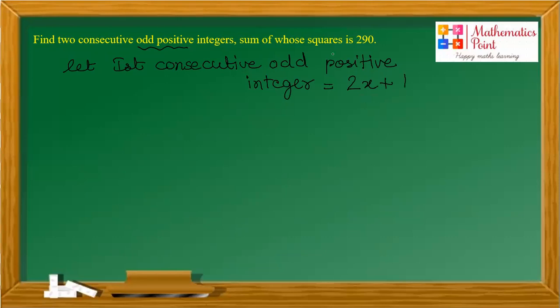Suppose if we take it x only, then x may be any number. It may be positive, it may be negative, it may be odd, it may be even. Right? But when we multiply x with 2, it becomes an even number. And when we add 1 to any even number, it comes out to be odd.